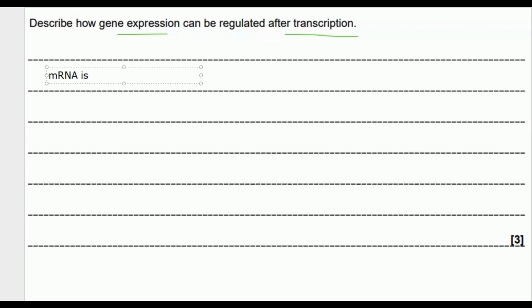And what happens to the mRNA? mRNA is spliced, removing non-coding DNA. What are those called? Introns. So essentially, you're going to get 2 marks here for saying that the mRNA gets spliced, which means non-coding parts of the DNA, the introns, are removed.